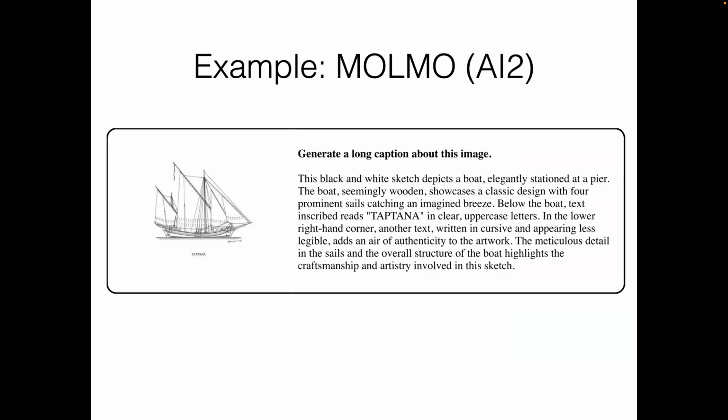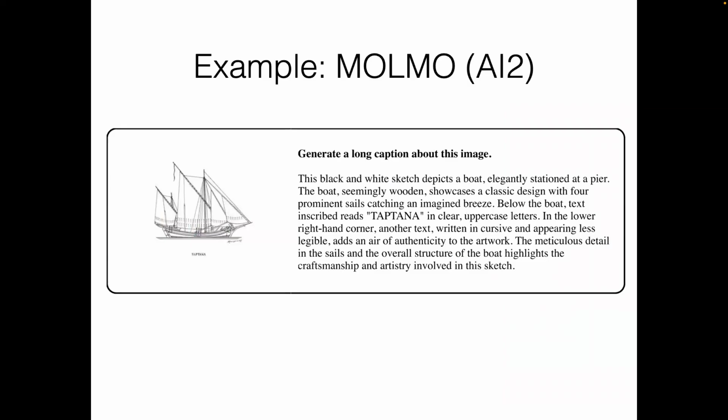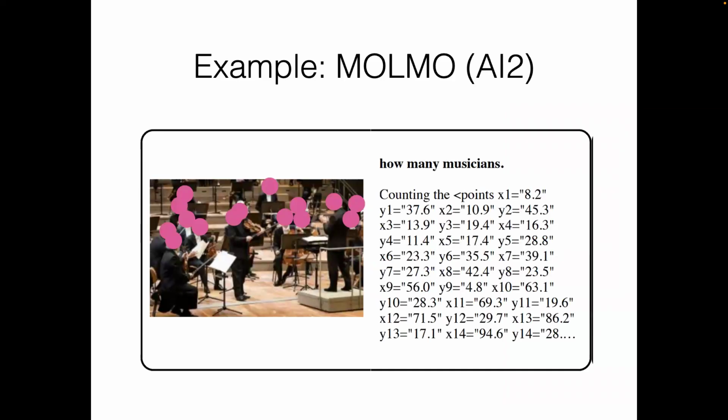What is this? Oh, these are just examples from their paper to look at some of the results. So here's some captioning it can do. Here it is saying how many musicians, and it turns it into counting these different points, maybe because it had been trained on a lot of this kind of data with different points in it.